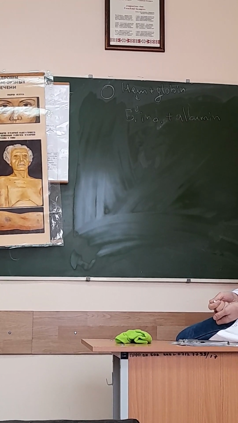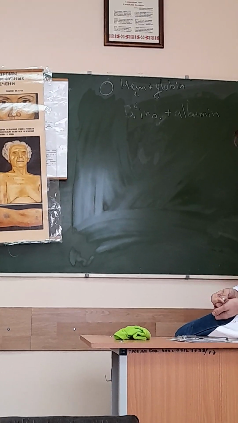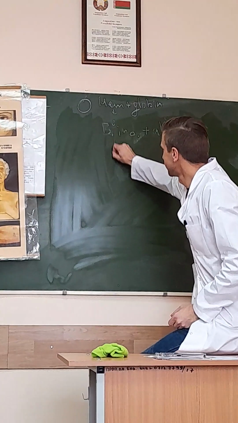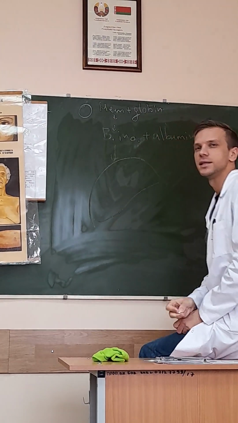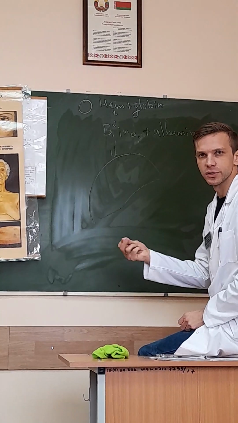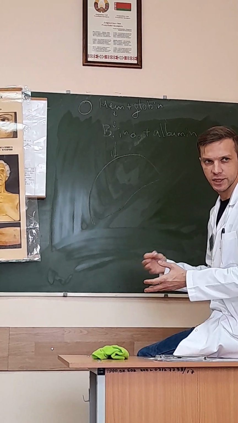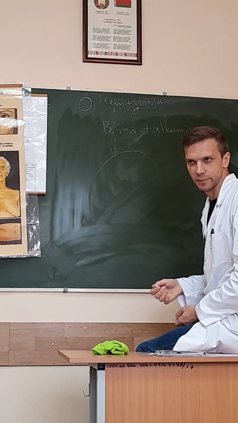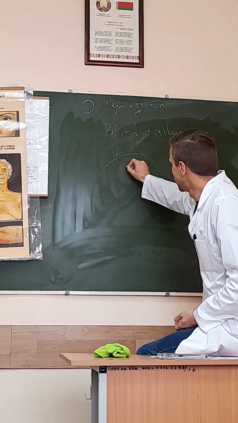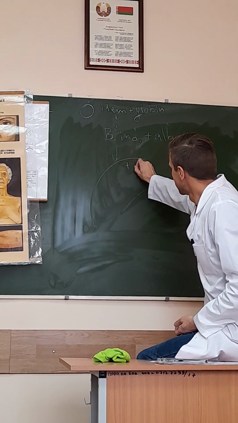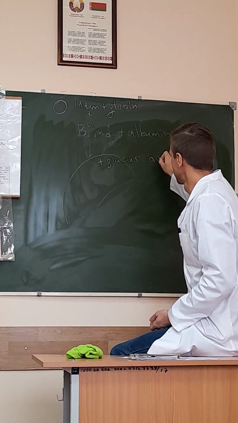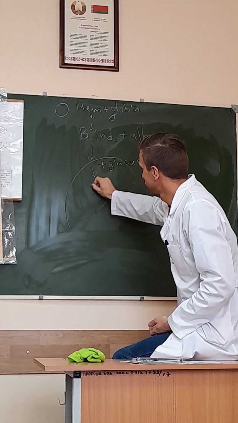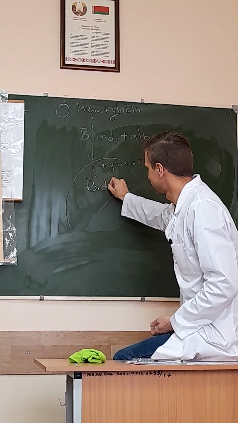You've passed it. So, bilirubin goes to the liver. And in liver, bilirubin will react with glucuronic acid under actions of some enzymes. And when bilirubin will add glucuronic acid, it will be named direct bilirubin.